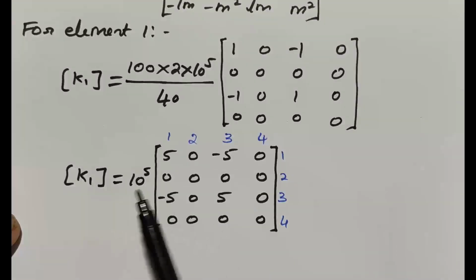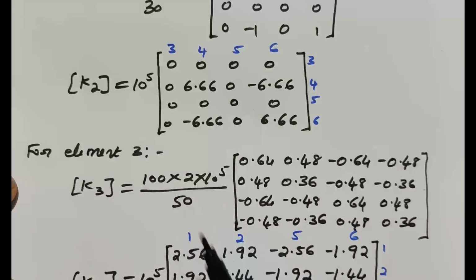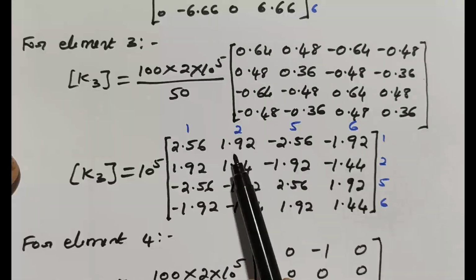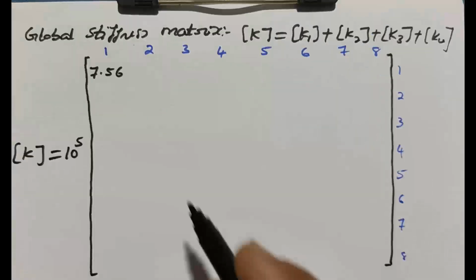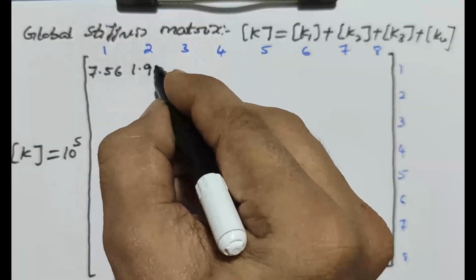Next we need element corresponding to 2 and 1. See K1, here element corresponding to 2 and 1, it is 0. In K2 we don't have any element corresponding to 2 and 1. In K3 we have element corresponding to 2 and 1, that is 1.92. But in K4 we don't have any. Therefore element corresponding to 2 and 1 will be 1.92.